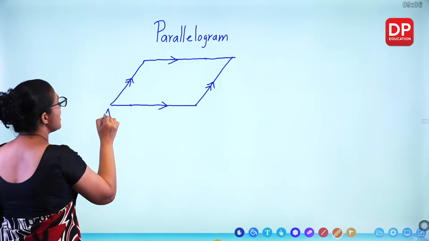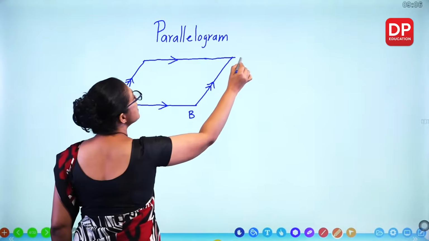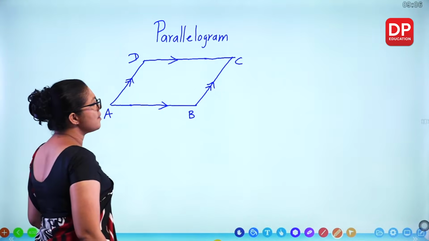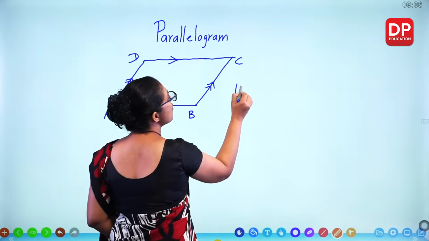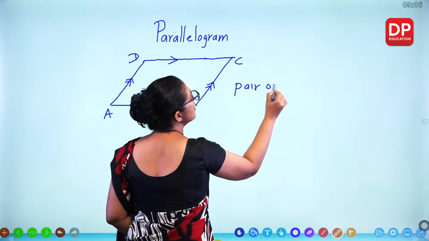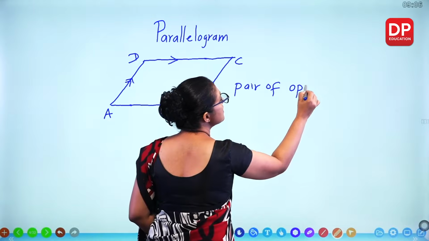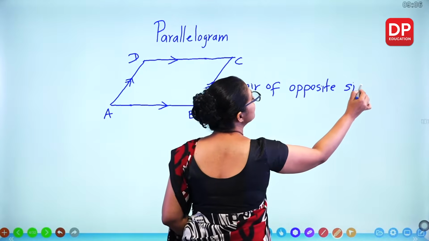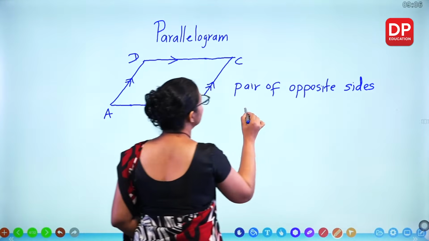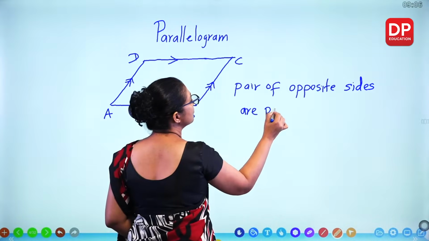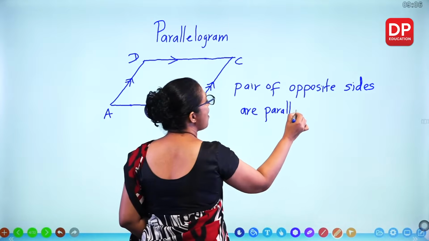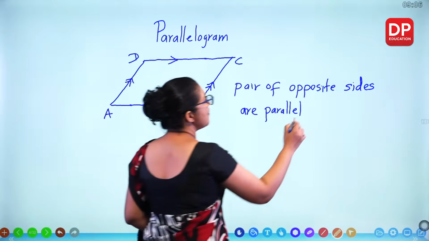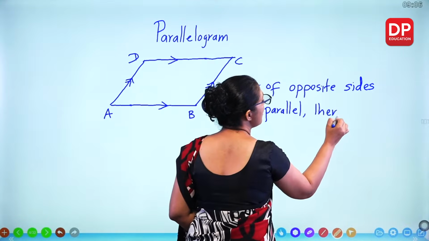I'll take A, B, C, D. So what's a parallelogram? Pair of opposite sides are parallel, then it's a parallelogram.